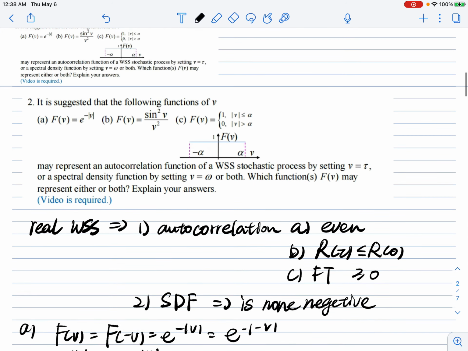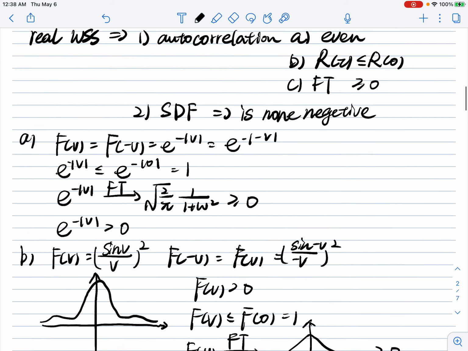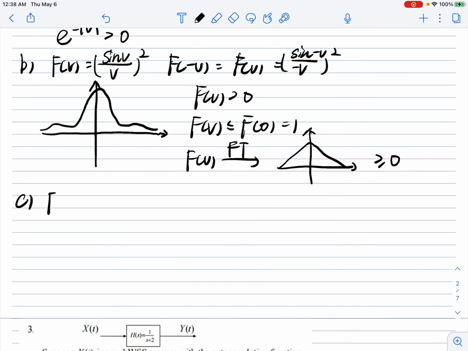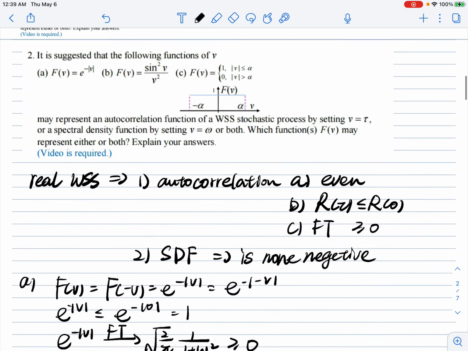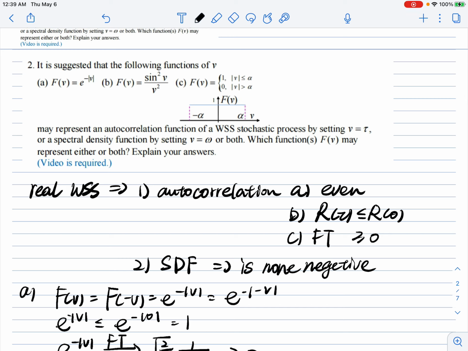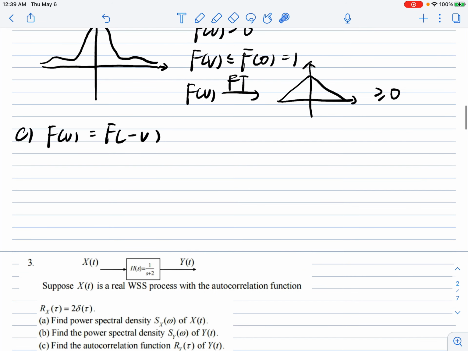For the last function, it is also obvious that it is even. And there are two parts inside this function. One is 1, and the second is 0.